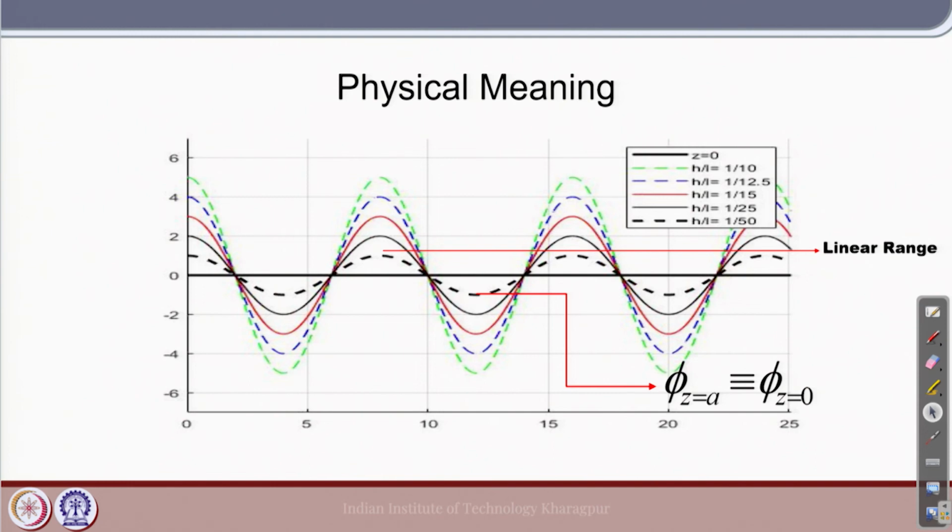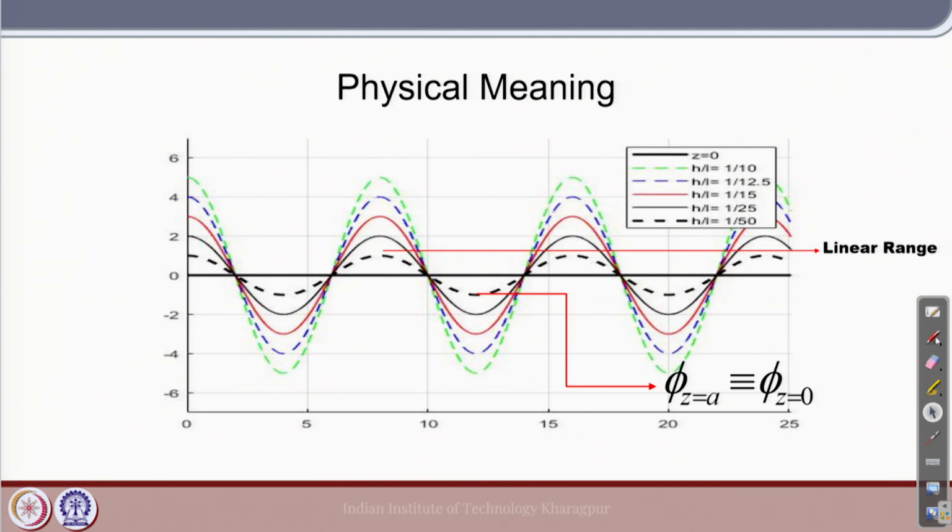This is the underlying assumption of linearity. We assume that when you say it is a linear problem, what is happening at z equal to 0 is the same phenomenon happening at z equal to a, because the elevation is very small.